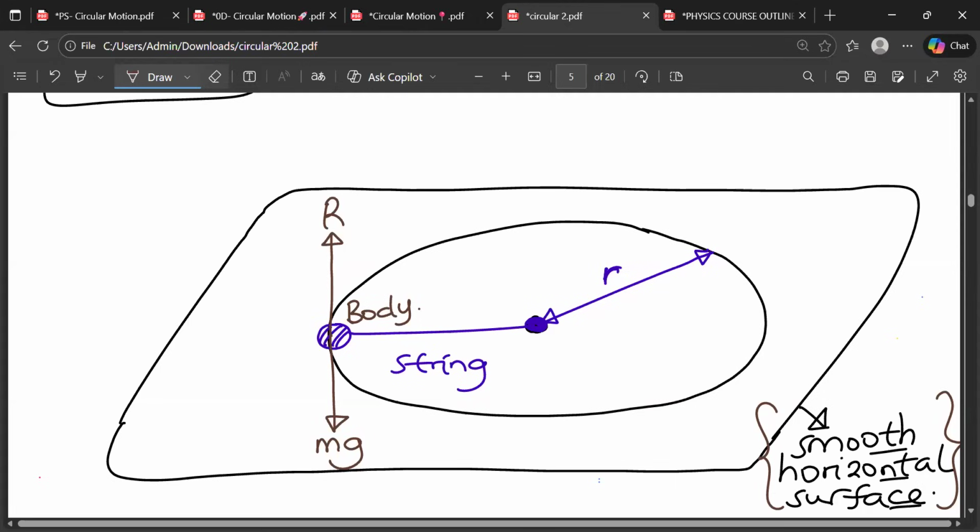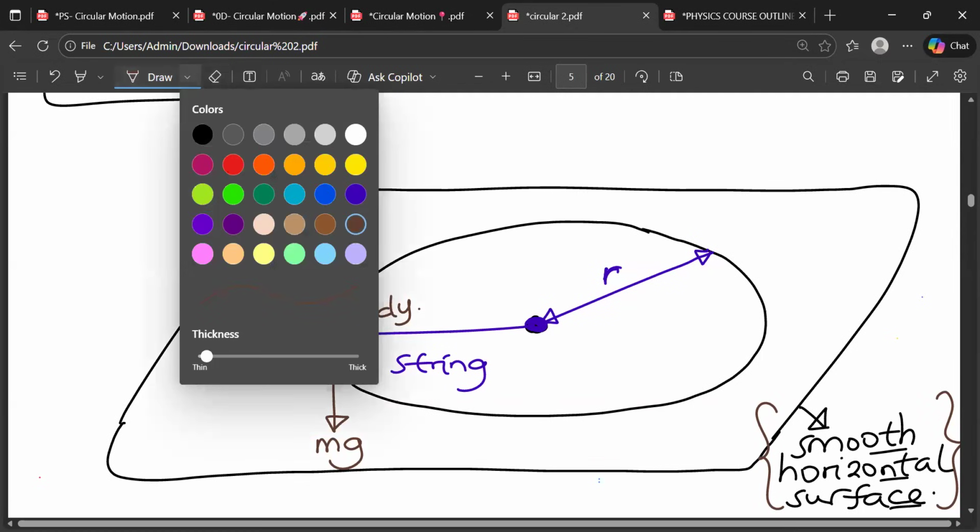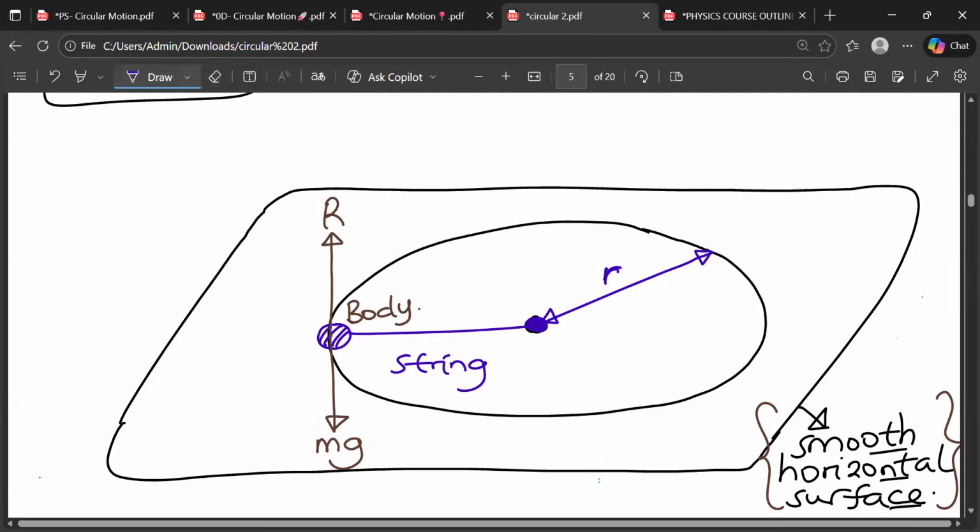Then something you're not supposed to forget, that this body is moving, or this body is rotating. And you know, as it rotates, it covers a certain angular displacement, theta. And the rate of change of that angular displacement is what they call angular velocity, omega. So it's moving with that angular velocity, omega.